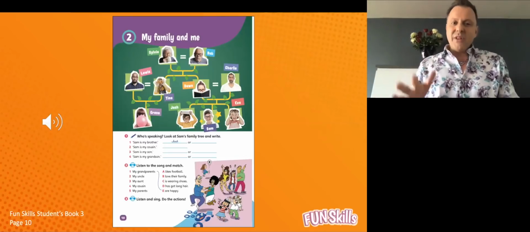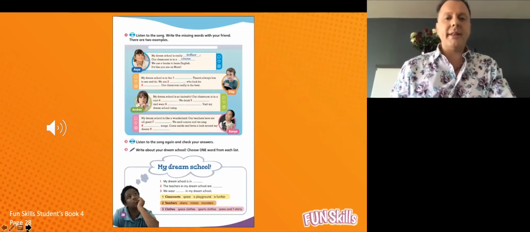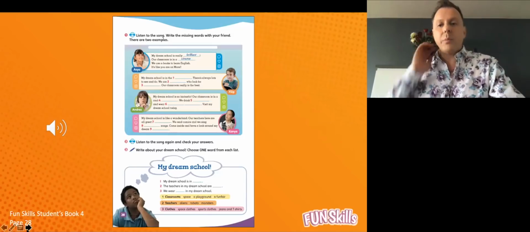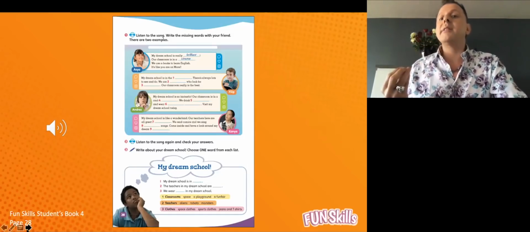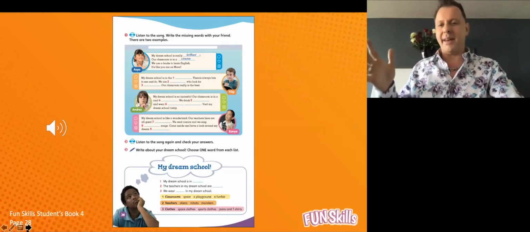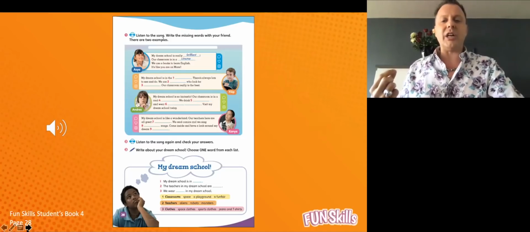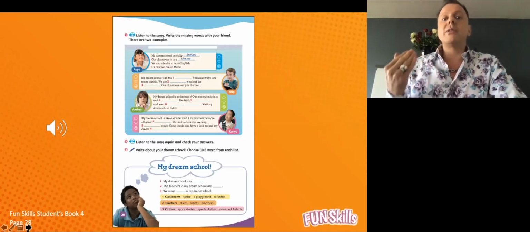Okay, so moving along, staying with the A1 movers level, the next one, this is an opportunity for children to dream. So drawing on the make-believe where there are no limits to the imagination and the curiosity of children. And this is all about dream schools.